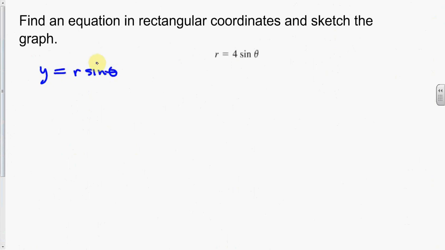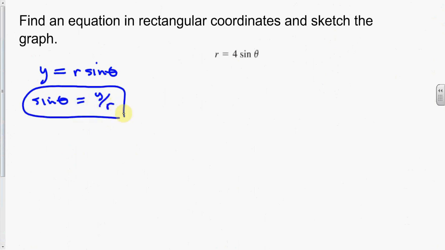I can represent either the r by itself or the sine theta by itself. It doesn't matter which one you do. So sine theta is equal to y over r. I'm going to replace this sine theta with y over r. So I have r is equal to 4 times y all over r.